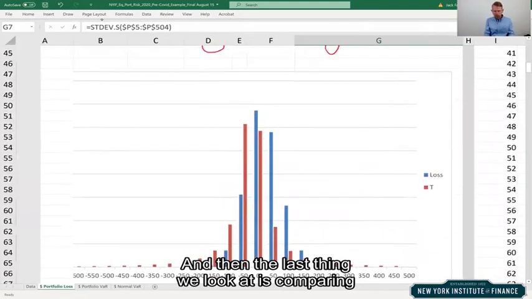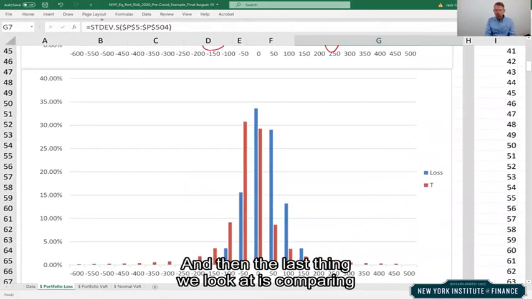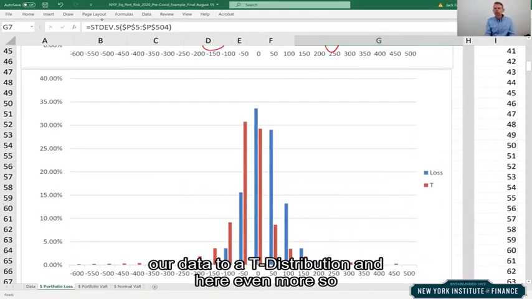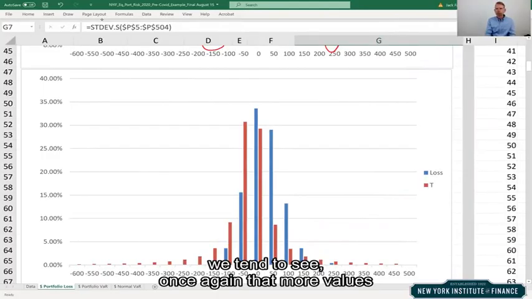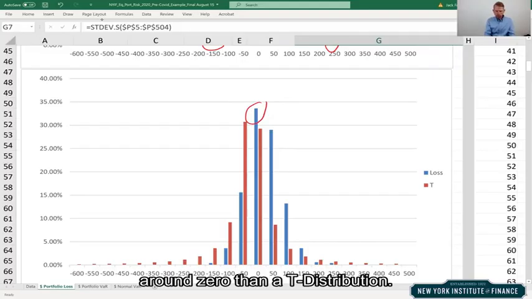And then the last thing we look at is comparing our data to a t-distribution. And here, even more so, we tend to see, once again, more values around 0 than a t-distribution, but a lot fewer values in the minus 50 and so on.